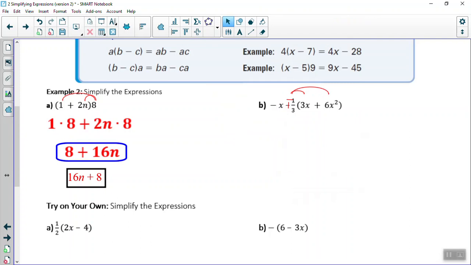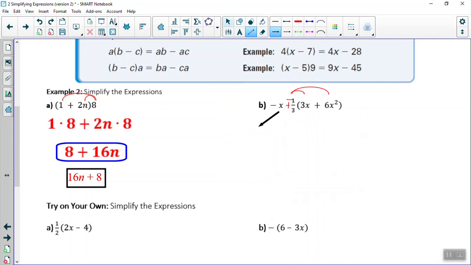So negative 1/3. So, well, first what we're going to do is we are going to take this negative x and we're going to bring it down. This negative x is going to come down.